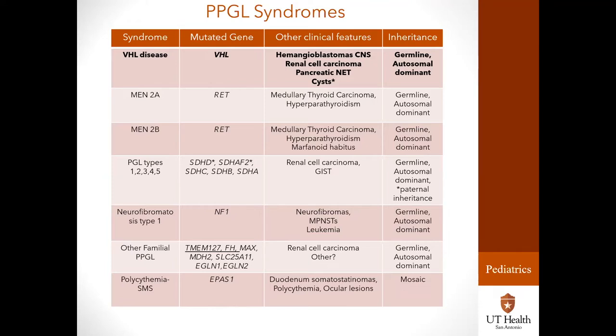Then there is neurofibromatosis type 1, and other less known familial pheochromocytoma syndromes related to other genes. Most of these are associated with other tumors or manifestations, MEN being classically very well established, and, less commonly, in the paraganglioma syndromes, the presence of renal cell carcinoma or gastrointestinal stromal tumors and others.